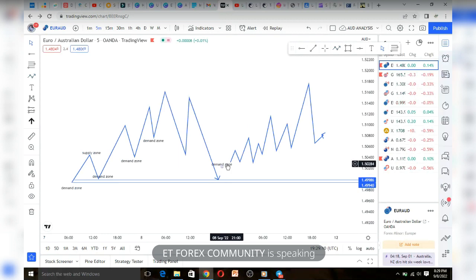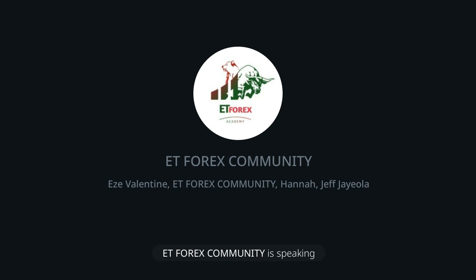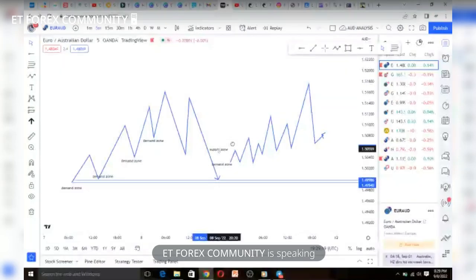So whenever the price moves from a demand zone and creates a supply zone, it will surely come back to that demand zone, and that's what you see me draw right there. The market moved from a demand zone, created a supply zone, came back to this demand zone, created another demand zone.